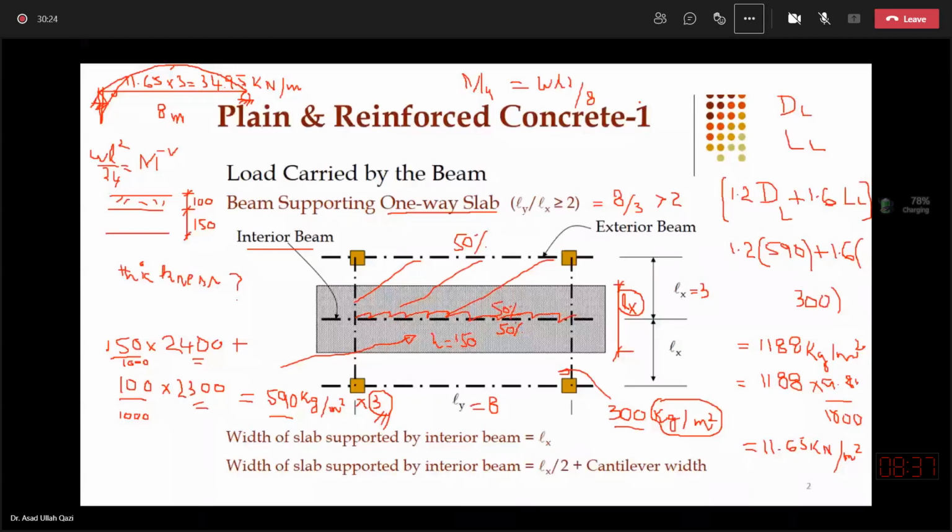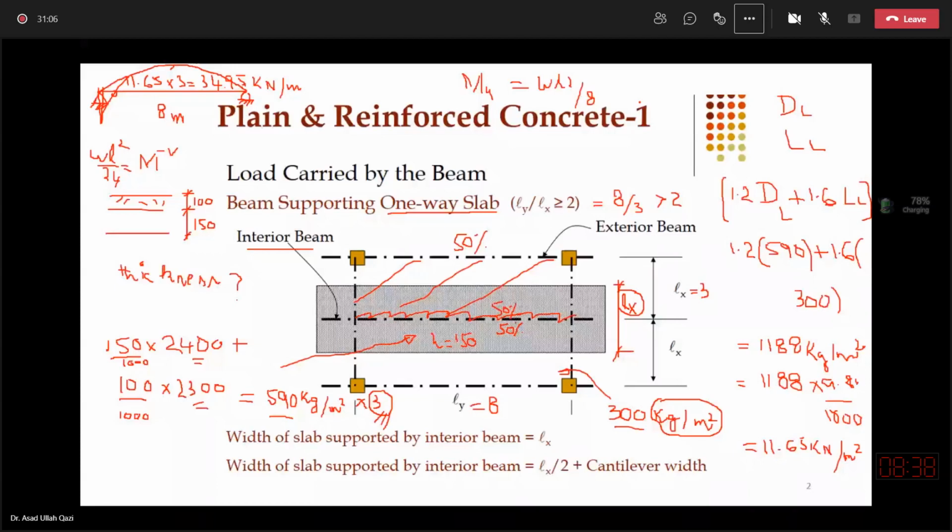Once we are given Wu and we know the fc prime and fy, or we decide from our knowledge about the type of building what the fc prime should be and what steel grade we will recommend to the client for this building, and obviously based on material strengths and known calculated ultimate loads, we can design the beam. First thing will be to proportion the beam, to size the beam, and then to calculate the area of steel.